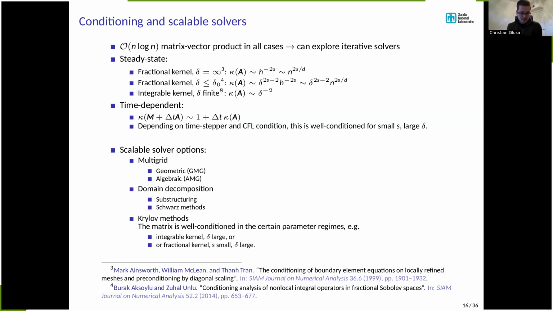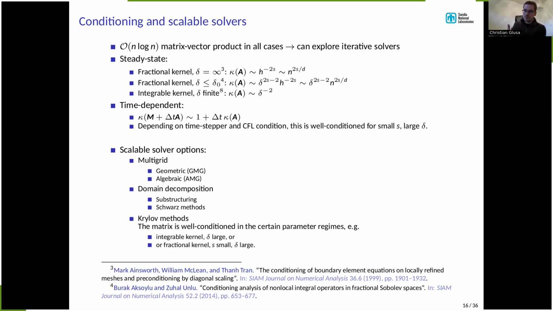All right, so now we're at a point where we have a fast matrix vector product, and so we can actually think about solving this linear system. And because we have a fast matrix vector product, we obviously want to use iterative linear solvers now. So the first thing we need to think about is, what is the condition number of the system? It depends a bit on the type of the kernel and the parameters of the kernel.